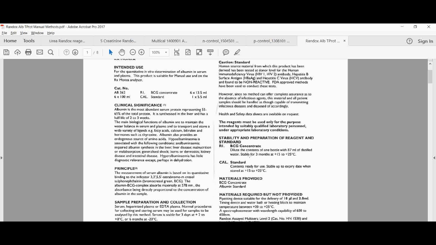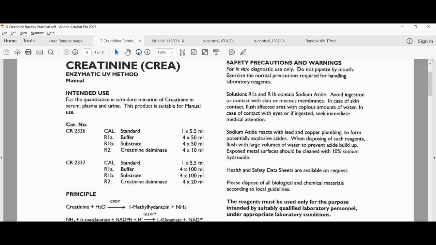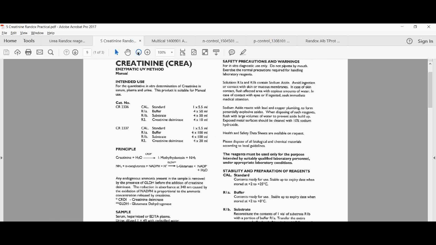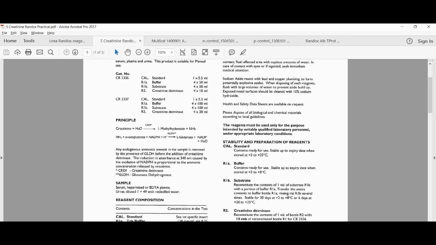So this is one way of what they're talking about when you say preparing of reagent. If you look at creatinine, for instance, the preparation of reagents, here they say R1A, this is for creatinine, R1A contents is ready for use, so you don't have to do any preparation there.